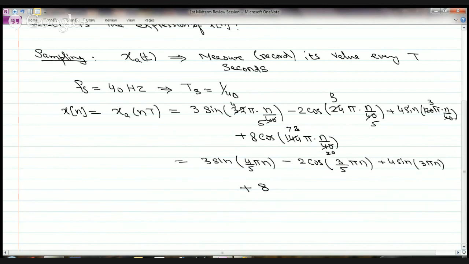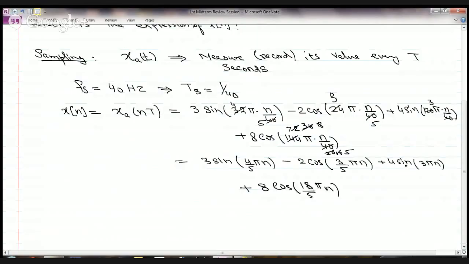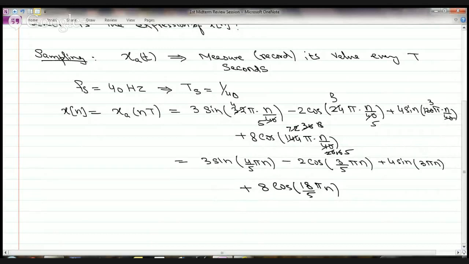That's 144 over 40, which is 72 over 20, which is 36 over 10, which is 18 by 5. Now you can simplify it further if you are interested, and if you leave it at this point, you have most of the problem done, but we know that sine of 3 pi n is always 0.